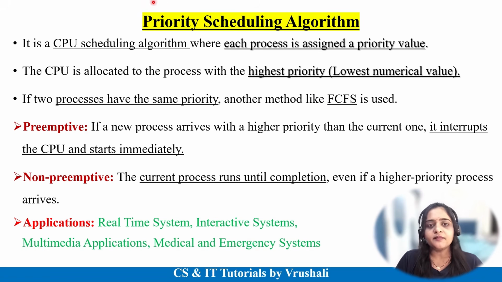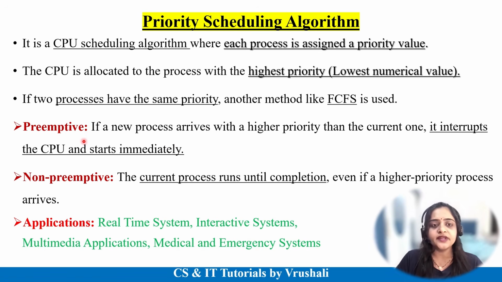You can implement the priority scheduling algorithm in two ways: either the preemptive approach or the non-preemptive approach. What exactly is preemptive scheduling? When the CPU is executing process 1 and at the same time some higher priority process comes, the CPU switches its execution from process 1 to process 2. Means interruption is there.